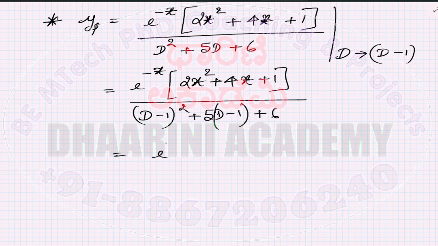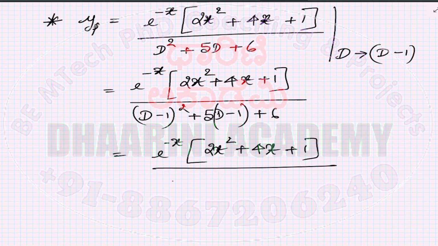This is going to be equal to e to the minus x into 2x square plus 4x plus 1 whole divided by d square minus 2d plus 1, that's the first term, plus 5d minus 5 plus 6.